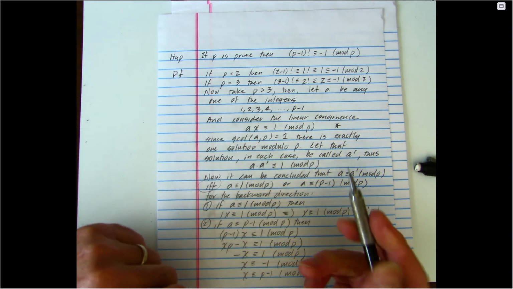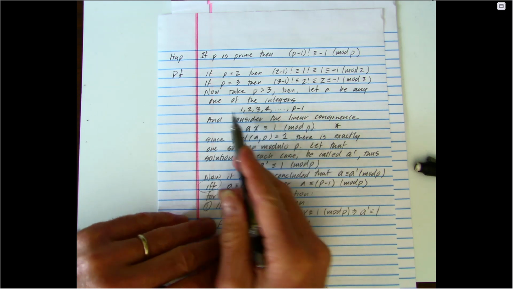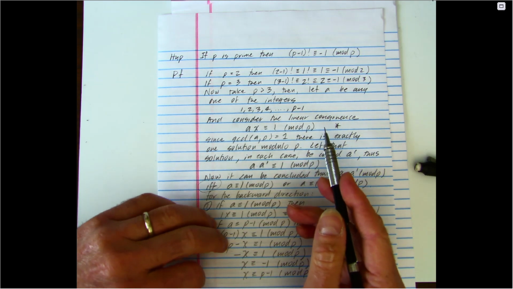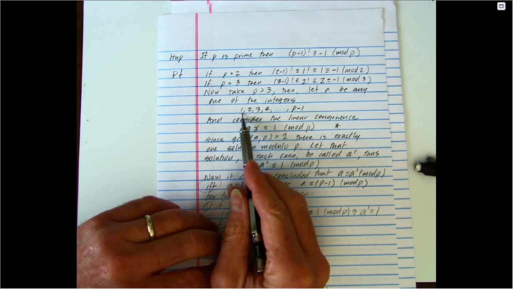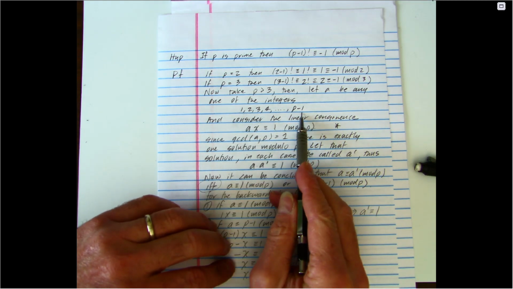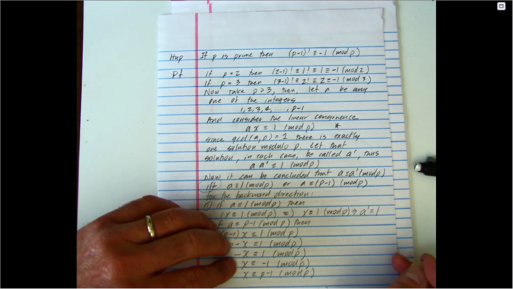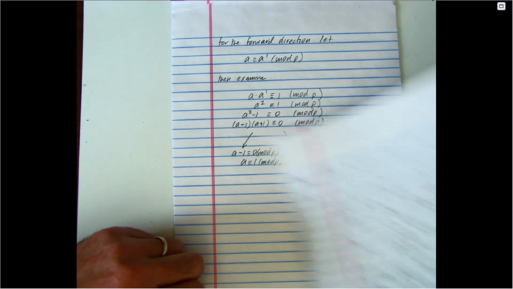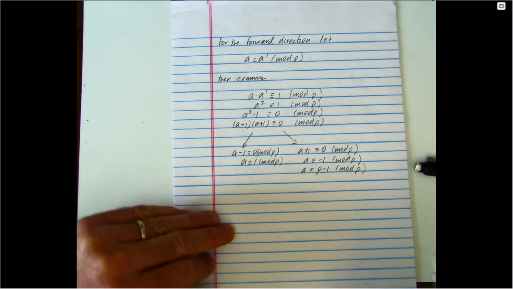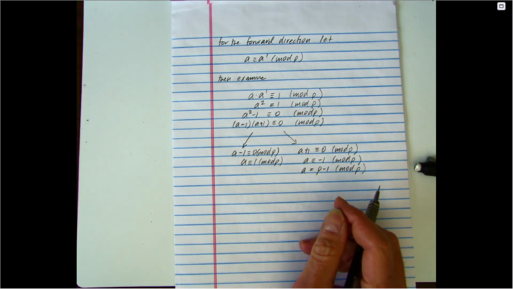But what we're finding are multiplicative inverses in a modular sense. And what we've just found is that in the setting mod p, 1 is its own multiplicative inverse, and so is p minus 1. So those two numbers just pair with themselves. And the rest of them must have a different multiplicative inverse.